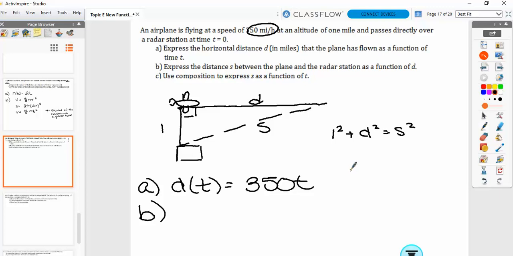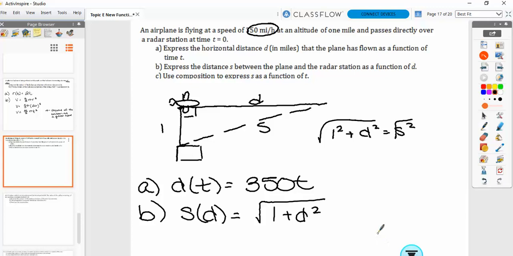So how would you find S? Well, if I just wanted to get S by itself in this formula. So S as a function of D is just the square root of 1 plus D squared. If you just put S equals, that's fine too. I'm just really stressing the function notation.